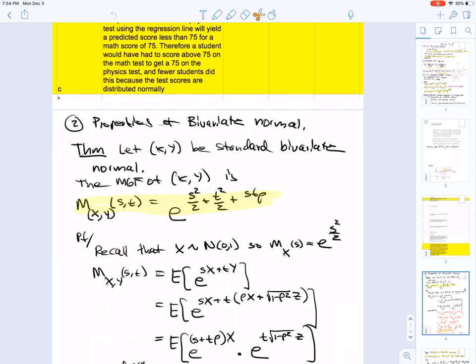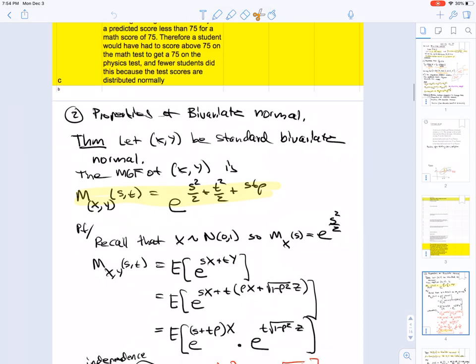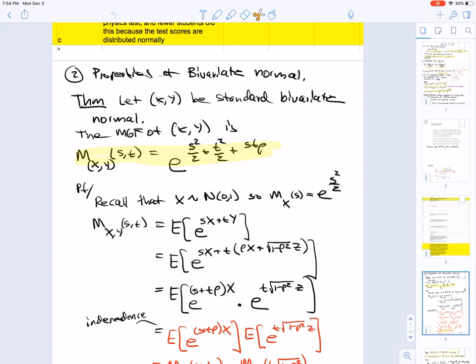So there are several properties of bivariate normals you guys need to know. One is, what is the moment generating function for a standard bivariate normal? We're going to show that the moment generating function is e to the s squared over 2 plus t squared over 2 plus st rho.